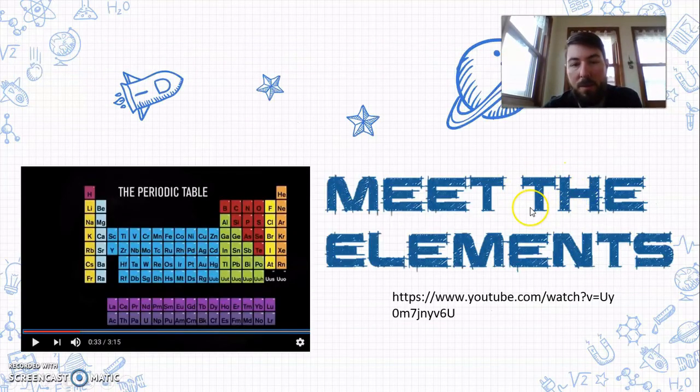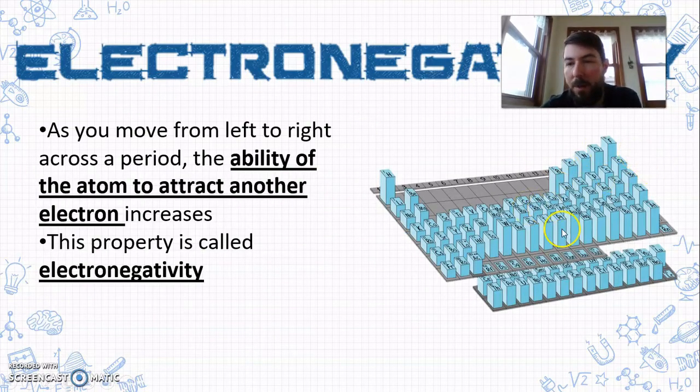But yeah, you can see that on the right side of the periodic table, these bars here are a lot bigger, and that's because they are more likely to attract electrons from other elements. So this is called electronegativity. That and the atomic radius become more important generally in higher level chemistry, but they're still good properties to know for you guys.